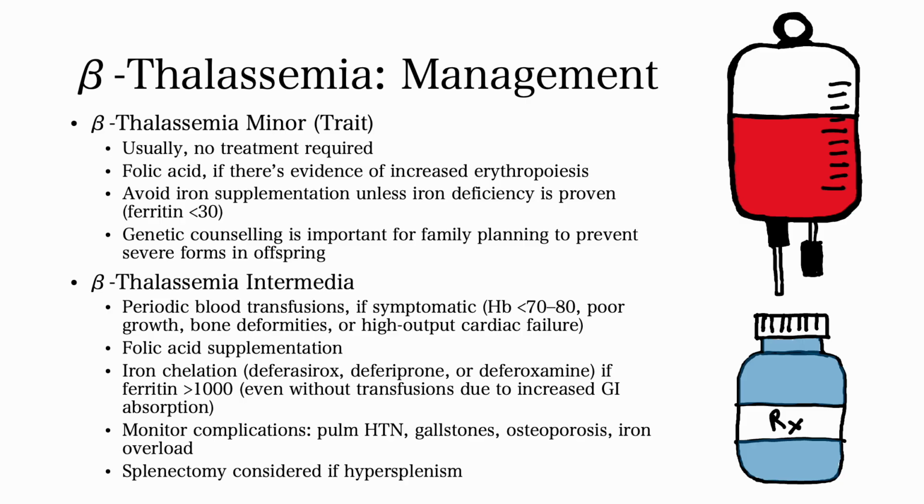Iron chelation is important, especially if their ferritin's more than 1,000. It's also important to monitor for complications like pulmonary hypertension, gallstones, osteoporosis, iron overload, and all the consequences that come with being iron overloaded. Splenectomy, again, may be considered if they're having symptoms of hypersplenism.